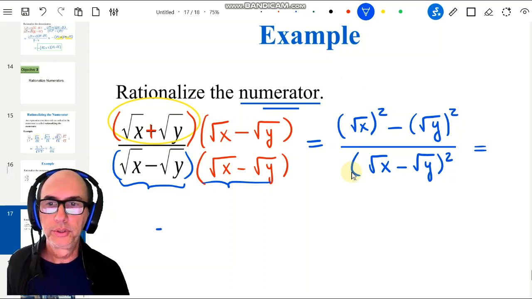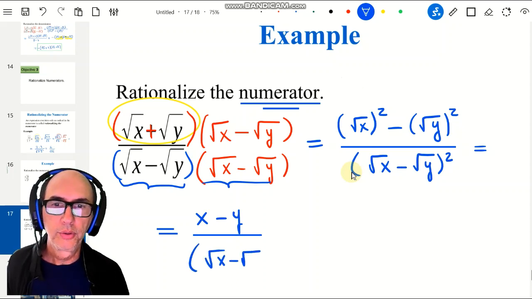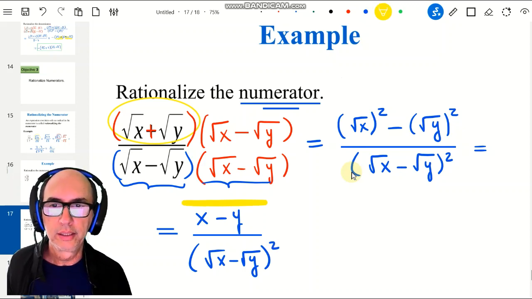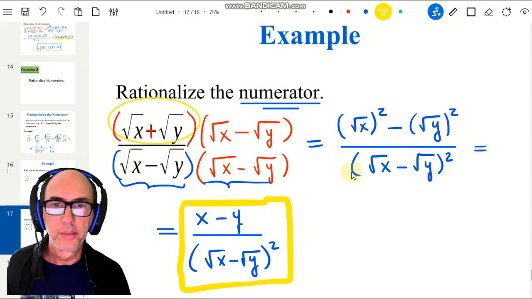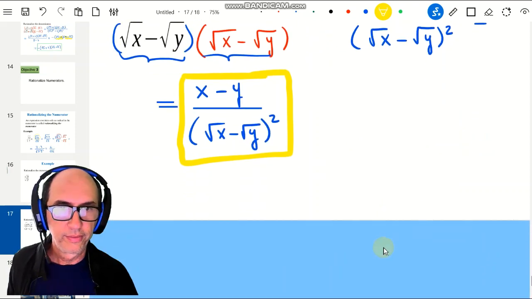This is equal, on the top, to x minus y over square root of x minus square root of y squared. This is the final answer. We cannot simplify any further, so this is the final.